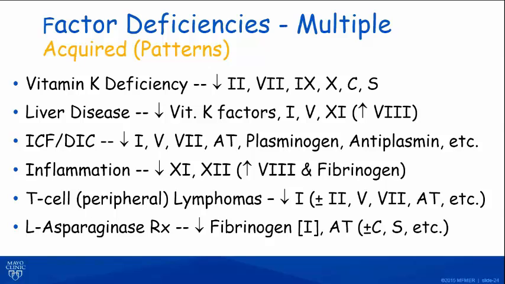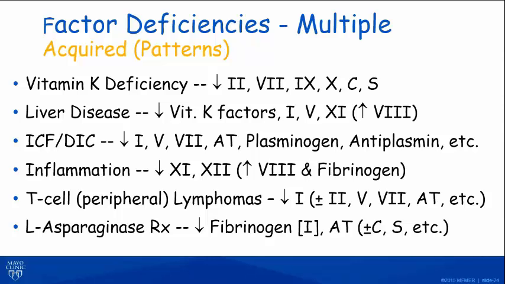We've already talked about the vitamin K pattern, liver disease pattern, the DIC pattern. You lose fibrinogen, factor 5, and factor 7 is pretty sensitive to that, and then you lose regulatory proteins as they're consumed by the increased generation of thrombin and the activation of the fibrinolytic pathway.